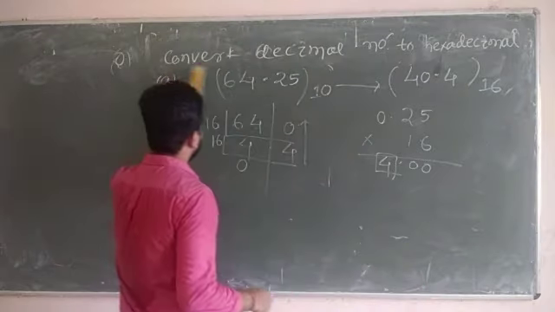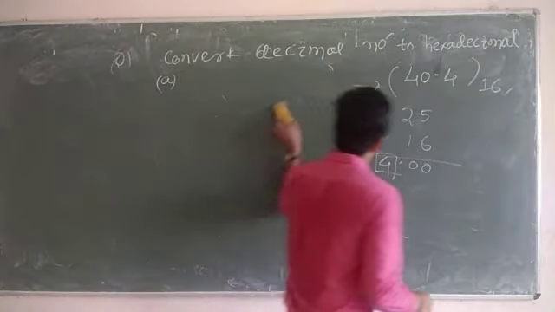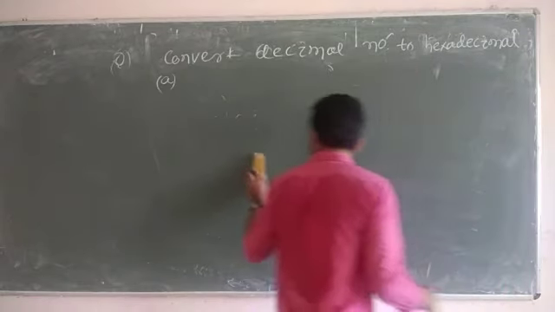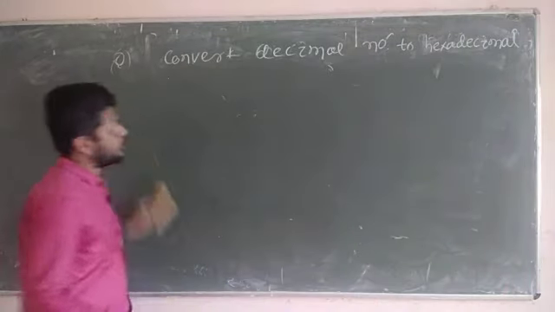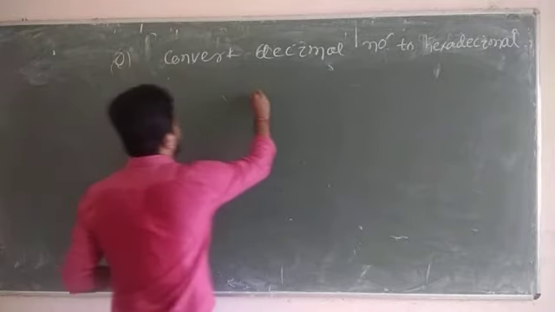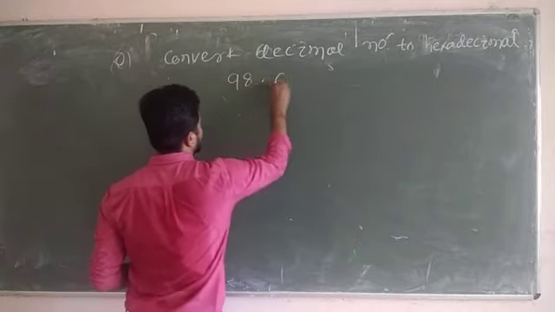Then we will solve another question. The question will be the same, that is convert a decimal number into hexadecimal. The decimal number is given as 98.625.